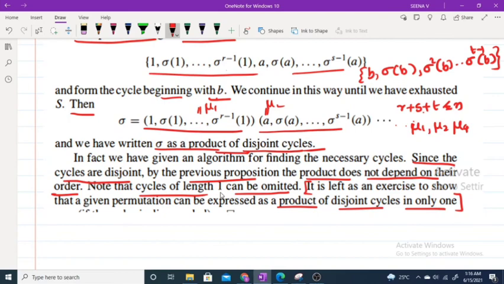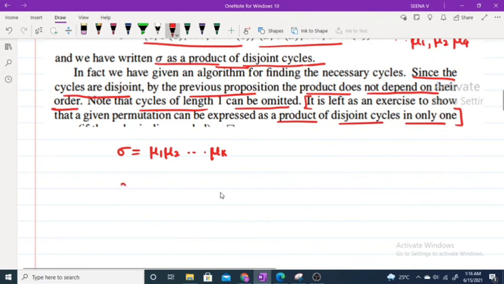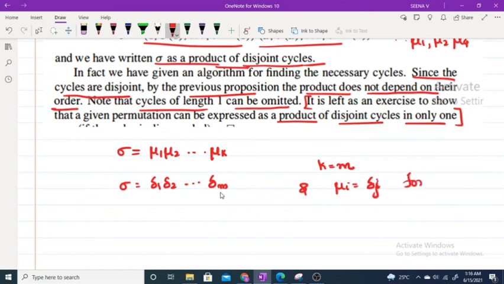You assume that σ is equal to μ1 μ2 etc. μk, and σ is also equal to δ1 δ2 etc. δm, and you prove k equal to m and μi is equal to δj for some j.